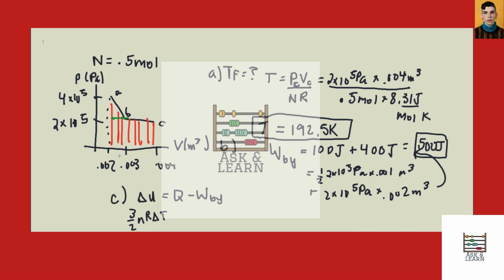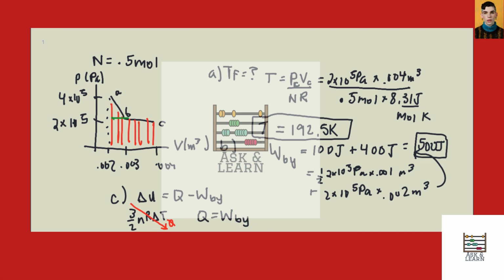The product of those are actually the same, so if you calculate it, you'll get the same initial temperature as the final. So even though it changed temperature during the process, it actually ended at the same temperature. Okay, so then we know that delta U is equal to 0. And so now we know that Q is equal to the work done by the gas.